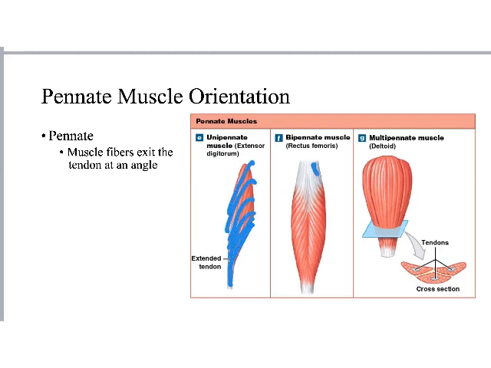If that angle goes in only one direction, it would be unipennate, or if it goes in both directions, it would be bipennate. Or maybe you have one that goes in multiple directions, and you would call that multipennate. The deltoid is the example there. So same idea, not quite as much strength as a parallel muscle bundle, but it allows for movement in multiple directions.